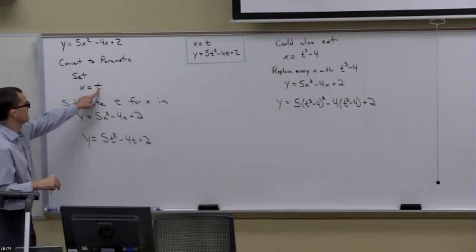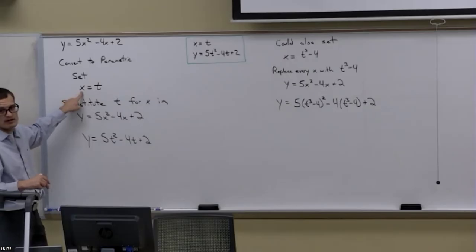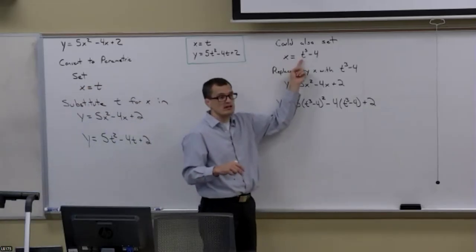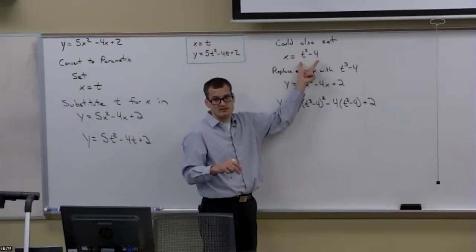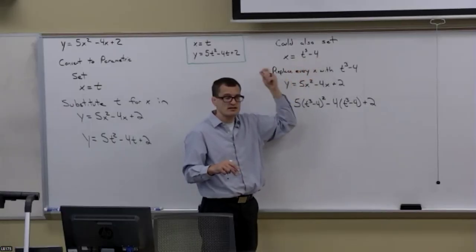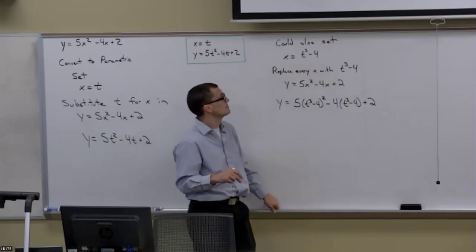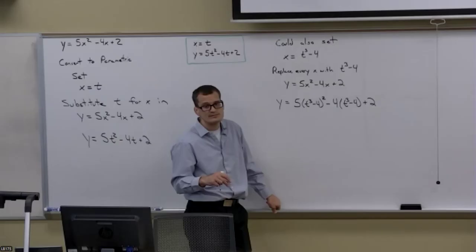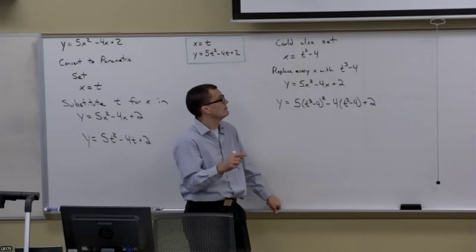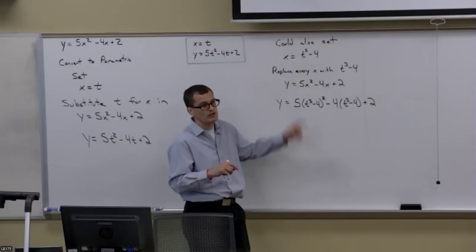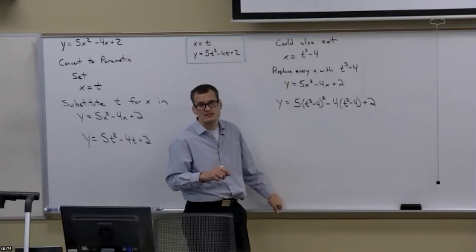This one, each time I increase t by 1, x is increasing by 1. This time, every time I increase t by 1, the increase is going to be depending on where the t is at, right? So going from a t of 0 to 1, that might only increase by 1, but going from 1 to 2, that's an increase by 7. 1 cubed, 2 cubed is 8.